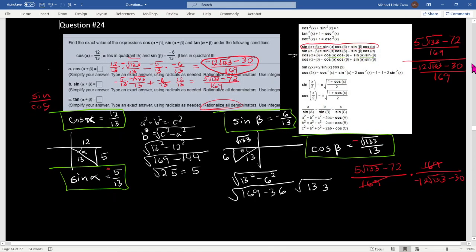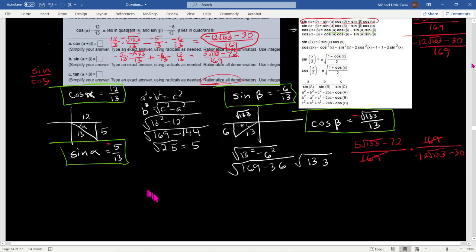But they want us to rationalize the denominators, right? How do we do that? Well, we've got 5 square root of 133 minus 72 over negative 12 square root of 133 minus 30. I just keep wishing that the other one, 6 and 13, was different, but it's not.